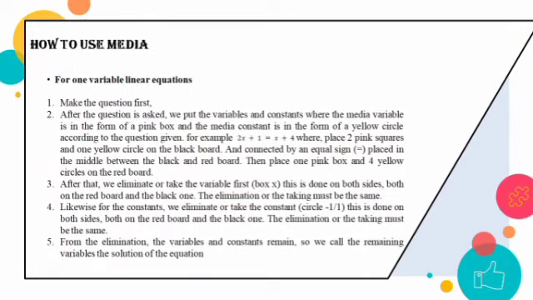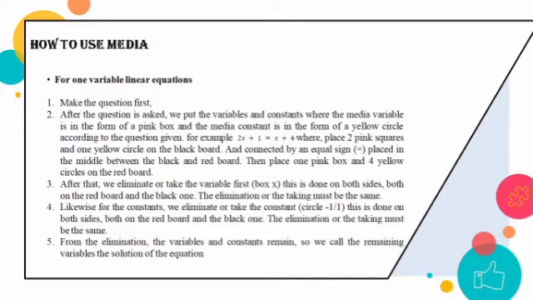First, for the one-variable linear equation, there are several provisions. First, make the equation. Second, after the equation is set, we put the variables and constants, where the media variable is in the form of a pink box and the media constant is in the form of a yellow circle, according to the equation given.